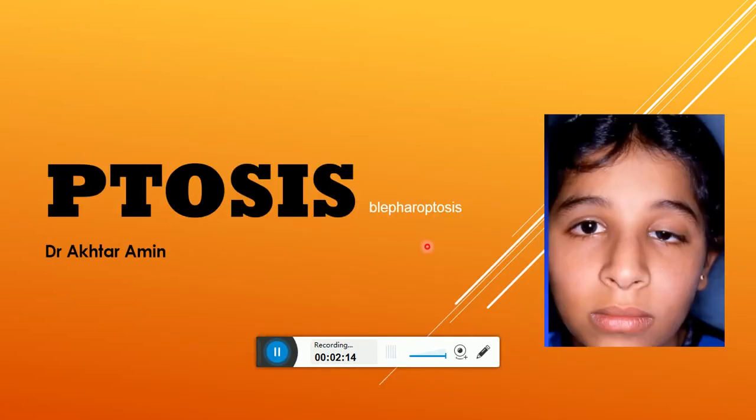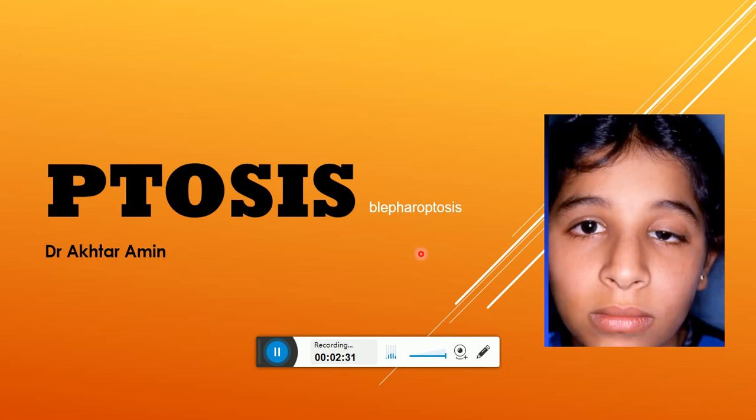Generally the age of onset of ptosis and the duration will usually distinguish congenital from acquired. What if the history is ambiguous? Then old photography may be helpful.